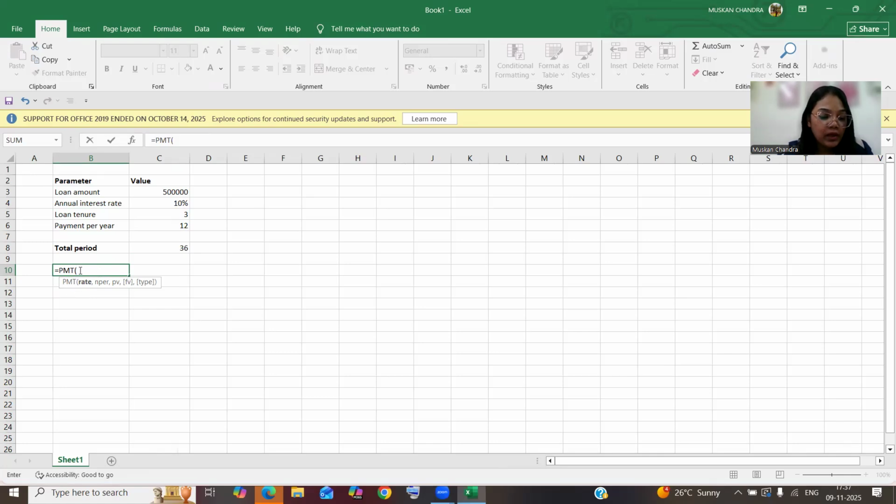So we have rate, 10% divided by payment per year, which is 12, comma, 36, which is the total period, comma, minus 5 lakh, which is the loan amount.